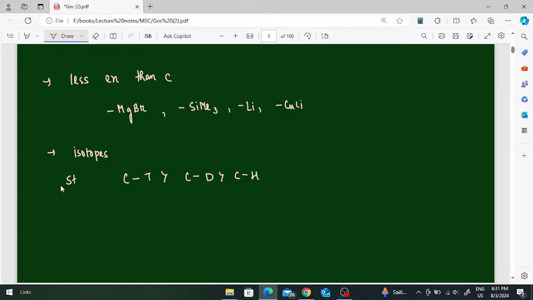Strength wise, this is the most. Vibration will be opposite: when the strength is higher, the vibration reduces. Talking about length, obviously this one will be higher since the bond strength is weak.